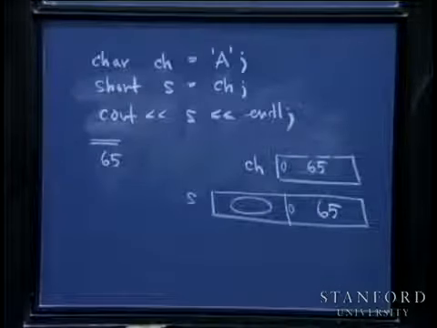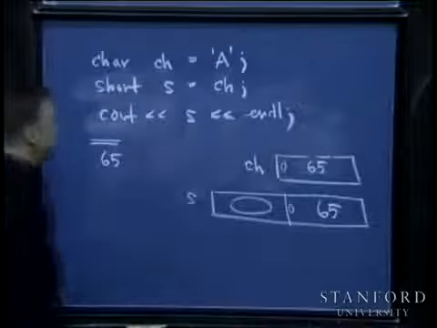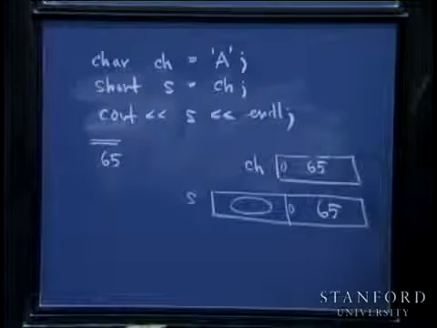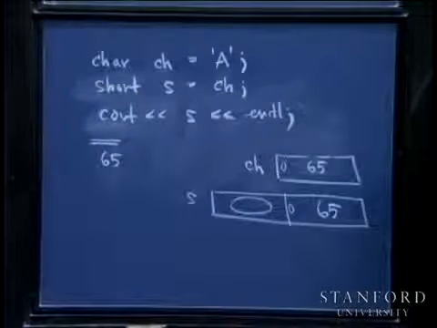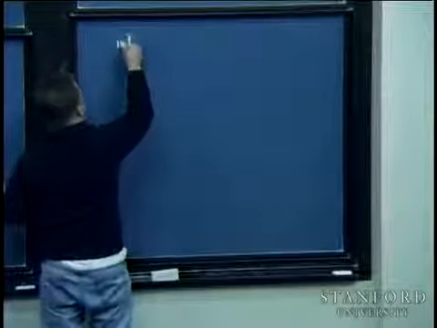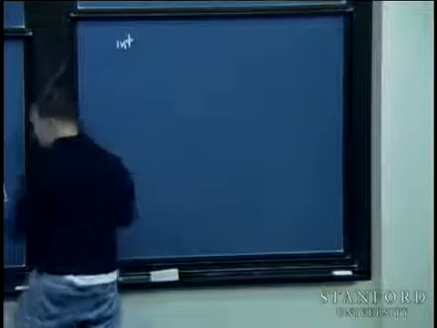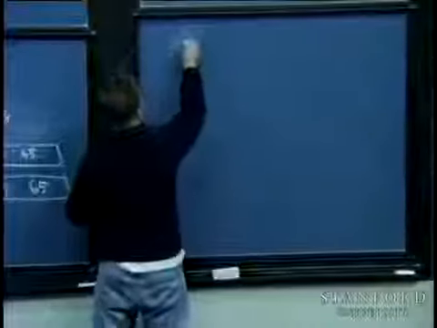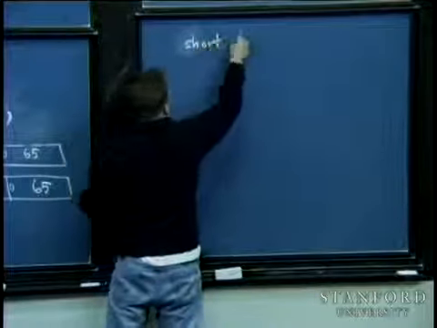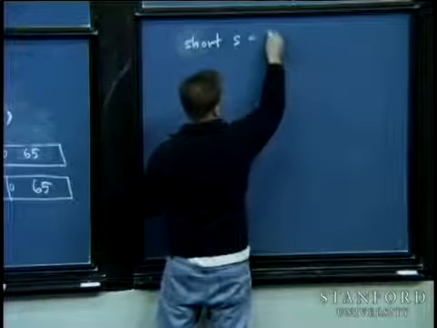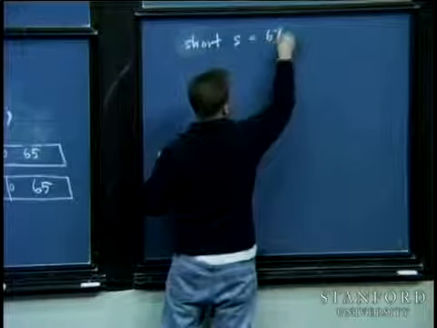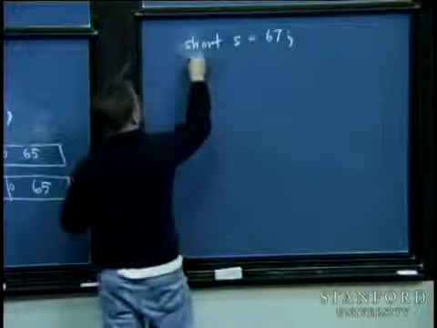What happens if I do the opposite direction? I do this. Int, I'm sorry, we're not at ints yet. Short, completely new program. S is equal to, I'll say 67. And I do this.